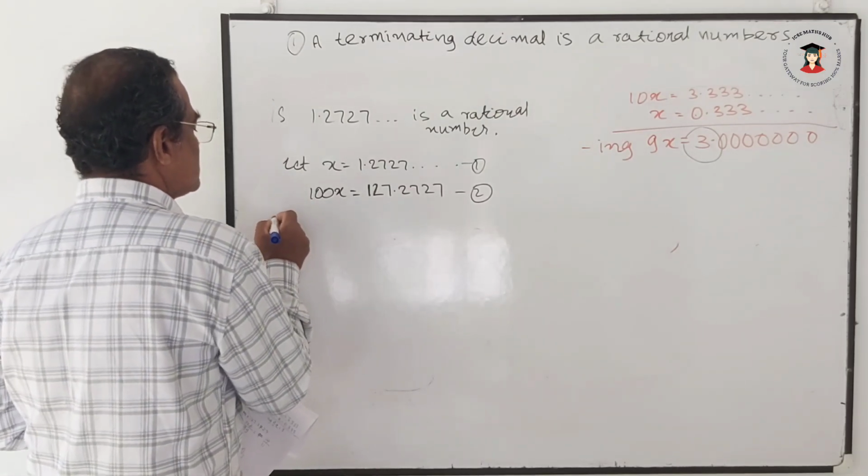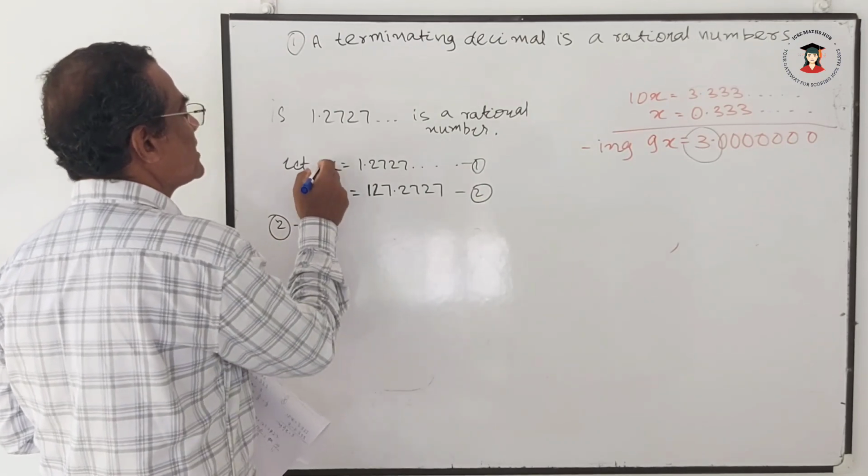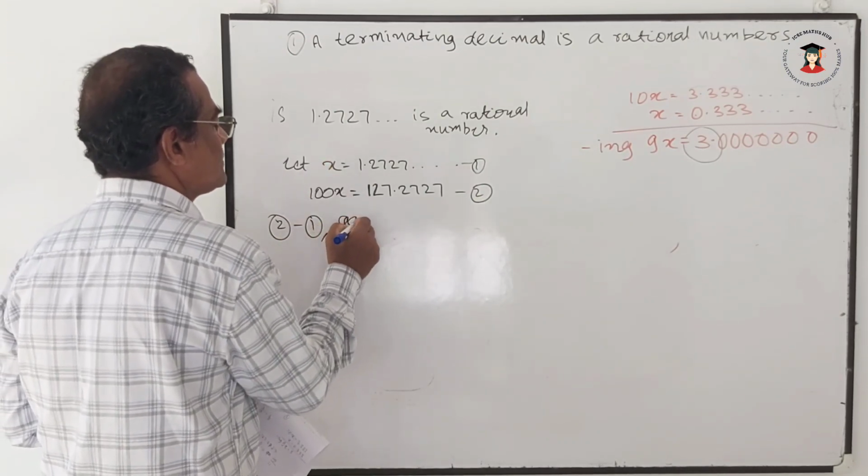Let us subtract 2 minus 1. 2 minus 1 means 100x minus x is 99x.